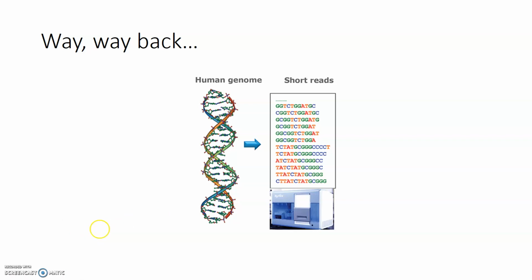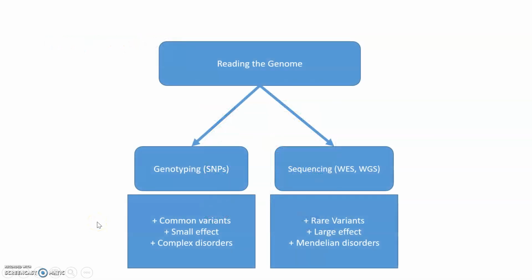We broke this down in the weeks preceding spring break. There are two major ways to read the genome in a next generation fashion and analyze genetic information. I think they both have their merits. We're going to go through both of them.